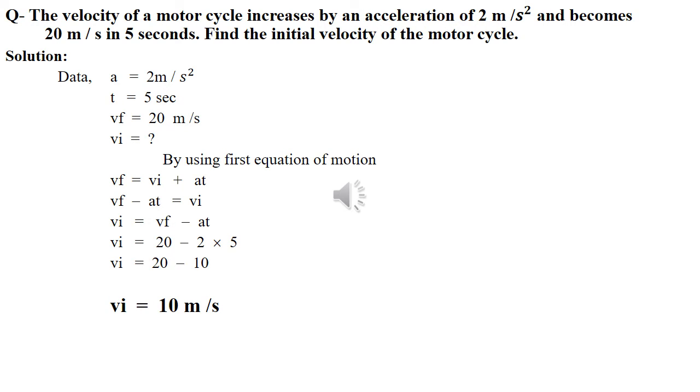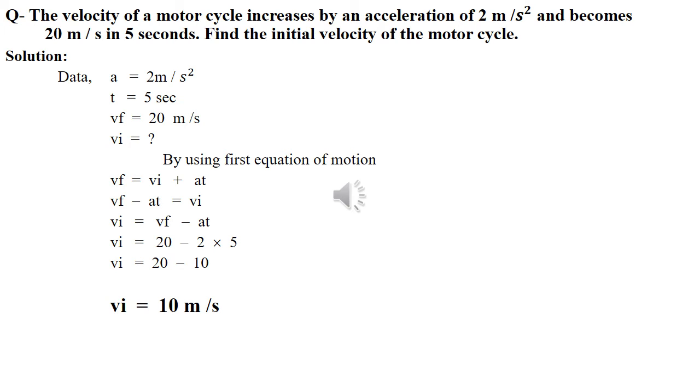In this question, the velocity of a motorcycle increases by an acceleration of 2 meter per second square and becomes 20 meter per second in 5 seconds. Find the initial velocity of the motorcycle. Again, read this question.